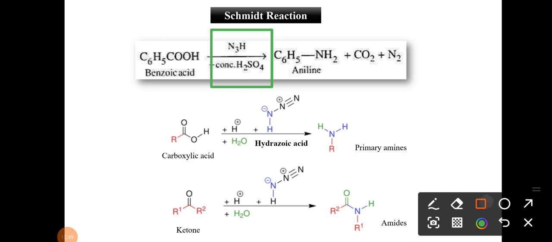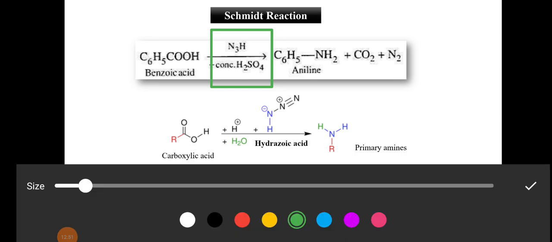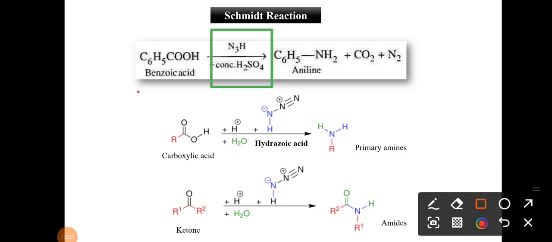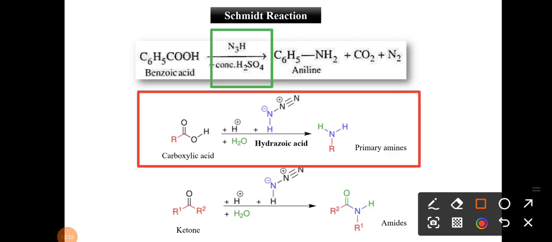Similarly, you can see here, your carboxylic acid reacts with hydrazoic acid and concentrated H2SO4 to give primary amines. But in the second reaction, the ketone does not give primary amines.